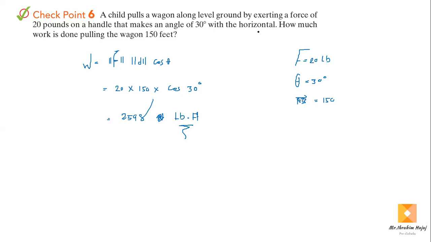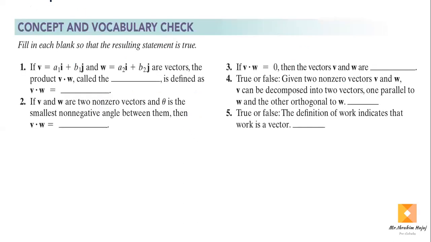Okay, Omar. We finished the lesson, so move on to the next one, the exercises. Yes, Omar, number 1. Fill in each blank so that the resulting statement is true.